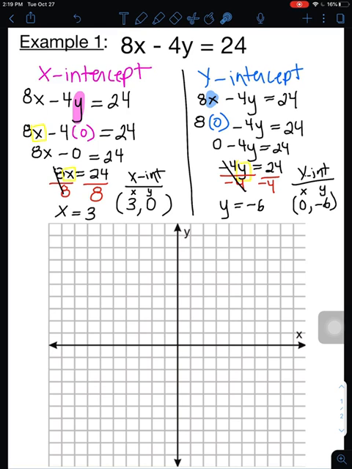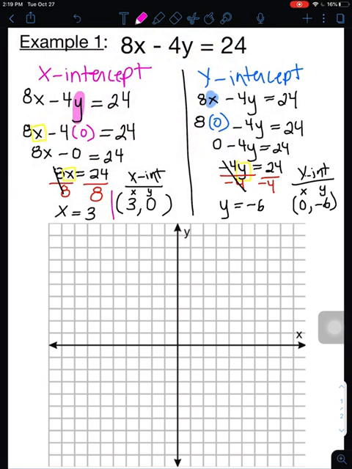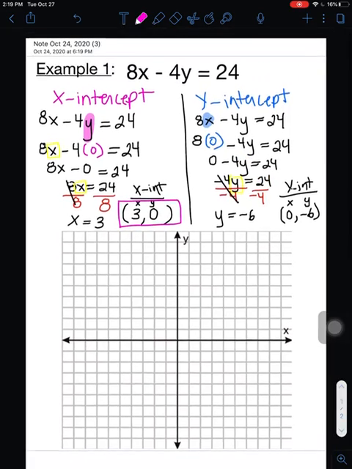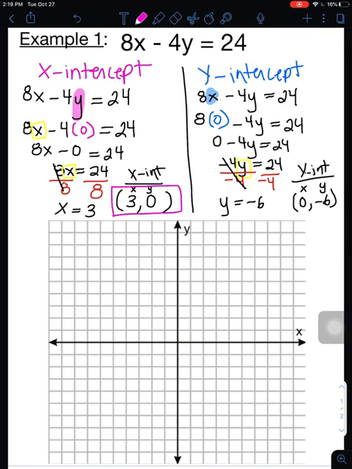All right? And now we just have to plot these 2 points. So let's plot our x-intercept down here, 3, 0. I'm gonna go to 3 on my x-axis and stay at 0. So that would be right here.